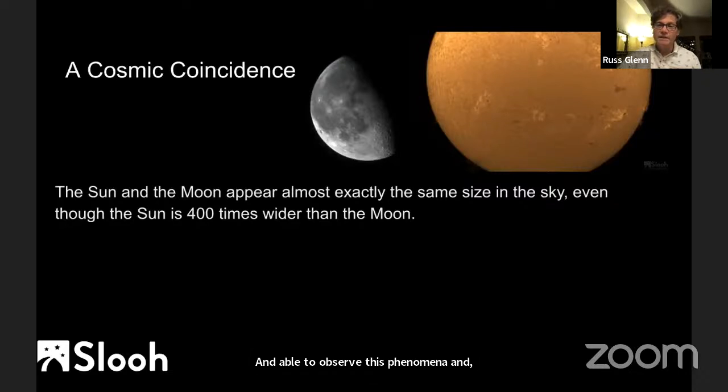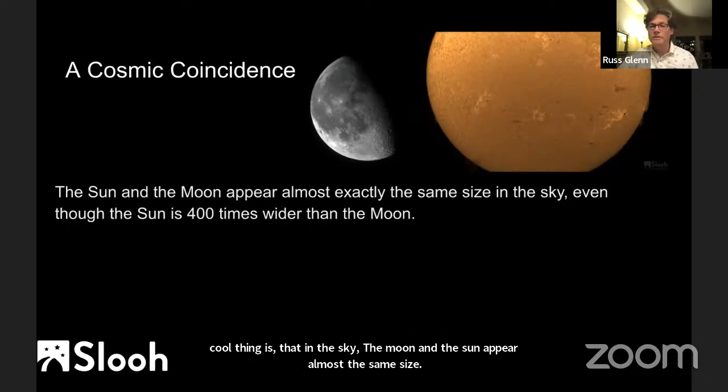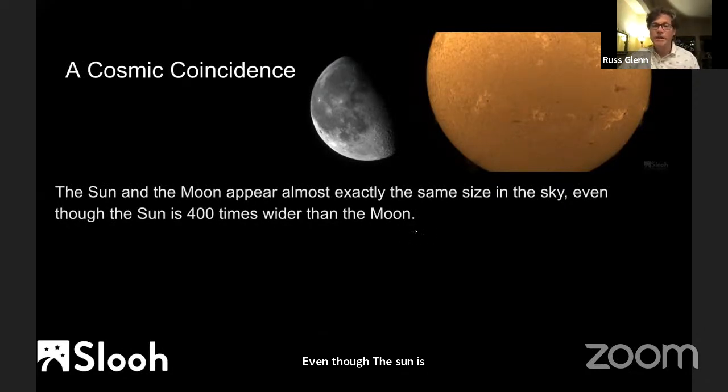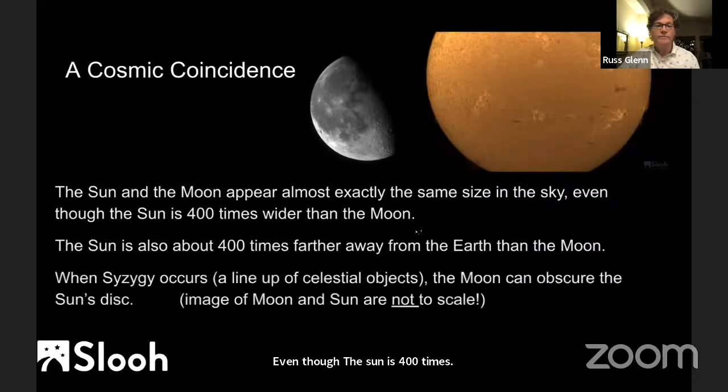The cool thing is that in the sky, the moon and the sun appear almost the same size, even though the sun is 400 times wider than the moon. But it's also 400 times farther away from the Earth than the moon.